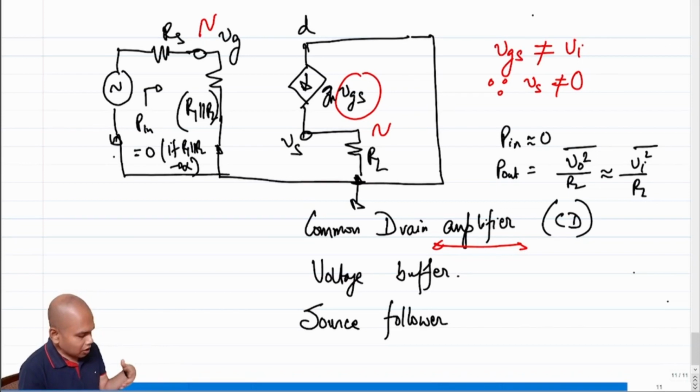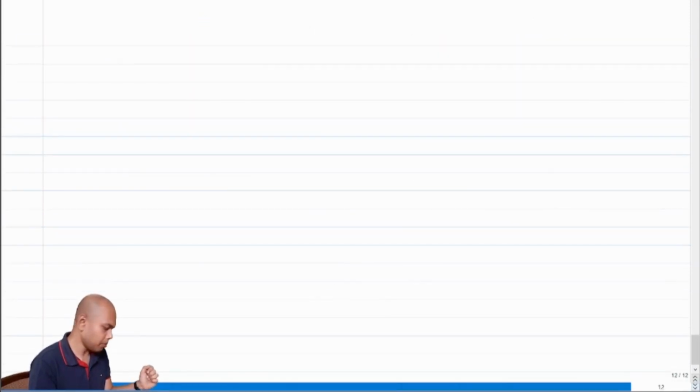So now that we are comfortable with the fact that this can work, and this has some use, we would like to see what will be the biasing picture of the same circuit. Note that it's the same circuit that we had been using earlier to make a common source amplifier, just that we are taking the output from a different location. So let's do that.